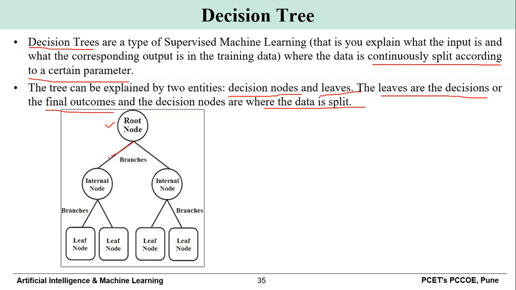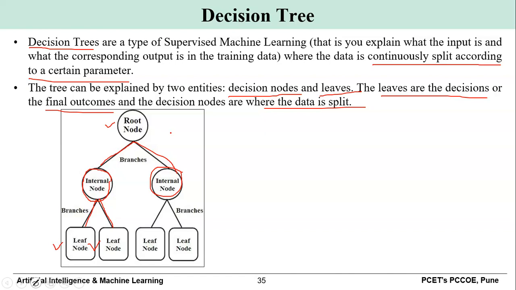Again, just like branches of a tree, there are two branches, and those are used to represent the internal nodes. Again, these internal nodes have two branches, and you can see the final decisions or outcomes as leaves. So this is a typical way of presenting a decision tree.